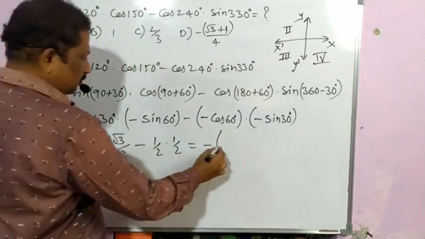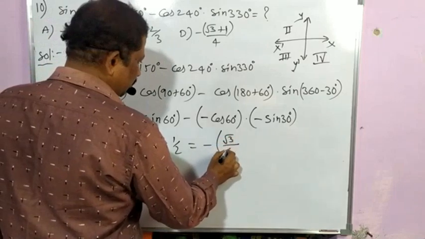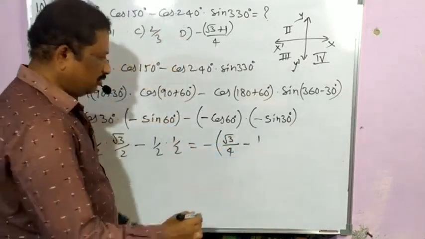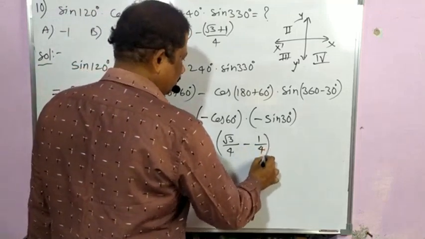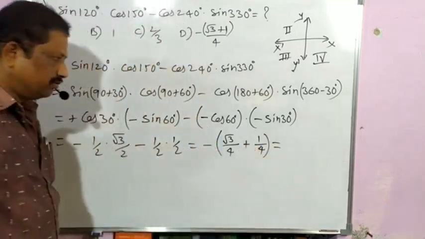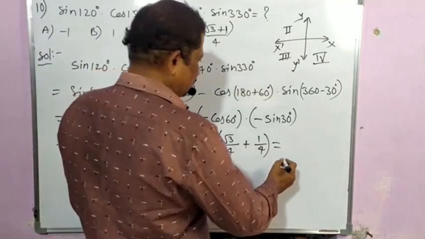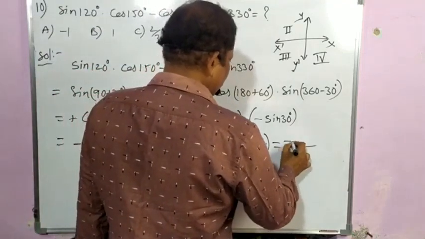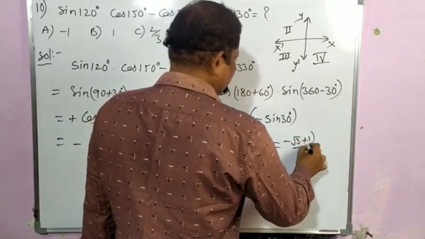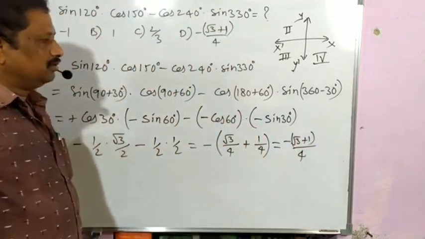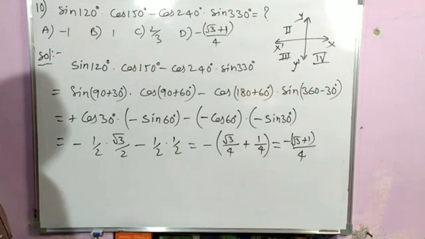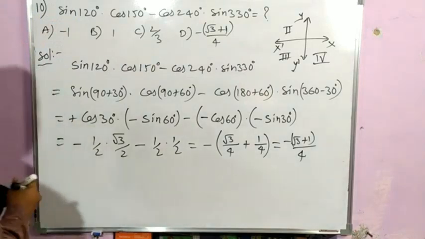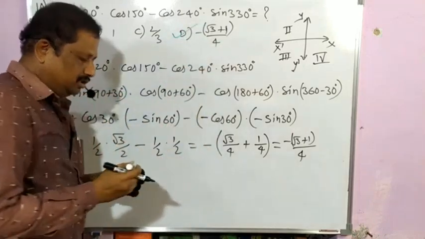Root 3 into 1 is root 3, 2 into 2 is 4. Here 1 into 1 is 1, 2 into 2 is 4. Since we took out minus, no plus comes in between. The LCM is 4, so the result is minus root 3 plus 1 in brackets over 4. So what is the option here? D is the option. Option D is correct.